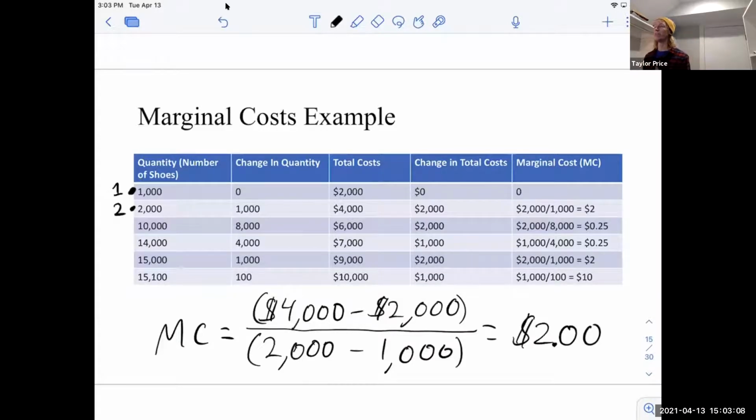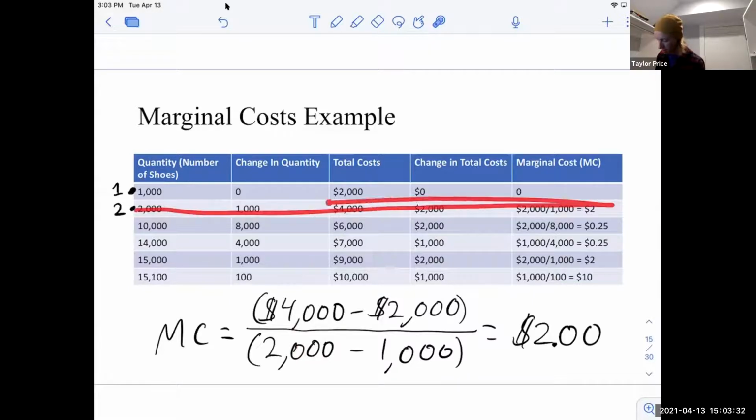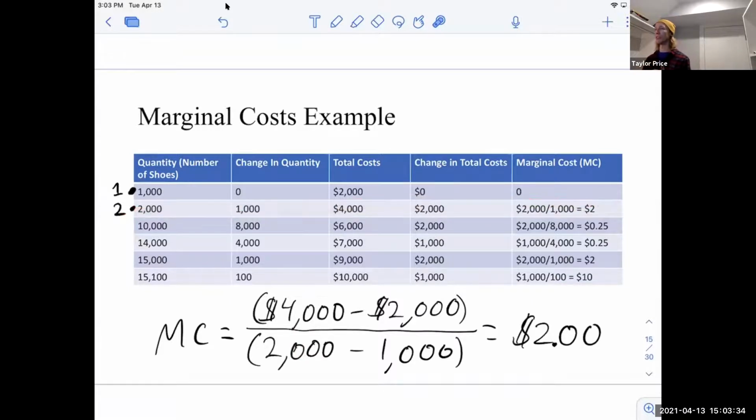So basically what we're going to do is take the total costs, so the 4,000, plug that in right here, take the 2,000 from the previous production, plug that in here, then take the quantity. Make sure that these two are from the same row. For example, this needs to match. So these two rows need to mirror each other.